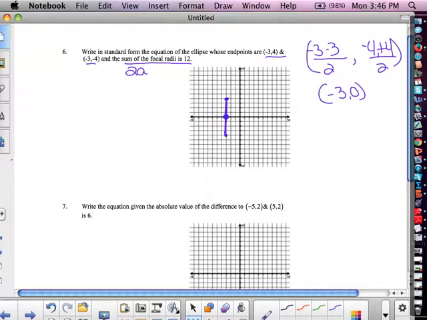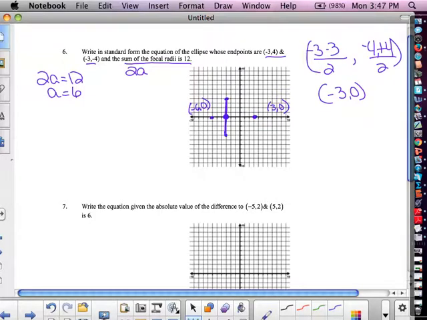If the sum of the focal radii is 12, 2a is equal to 12, so therefore a is equal to 6. Go to the center and go 6 units right and 6 units left.